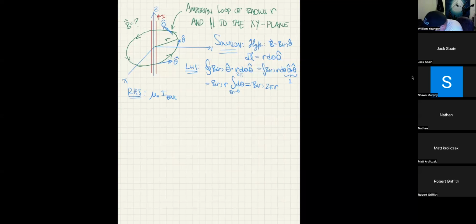In this case, this current is going in the right-hand direction, so this just becomes mu 0 times I. So left-hand side equals right-hand side becomes B of R times 2 pi R is equal to mu 0 I. And that gives me, using my hypothesis, that the magnetic field is mu 0 I over 2 pi R in the theta hat direction. Okay. So we got the same form again.